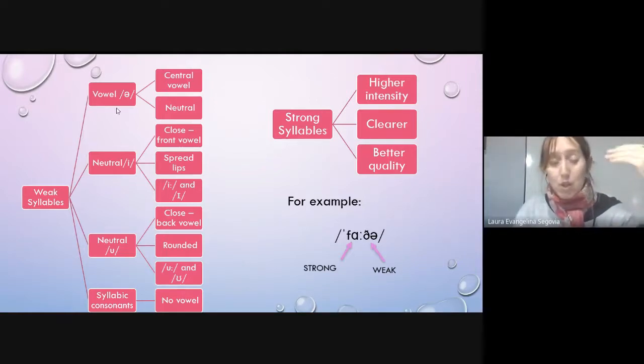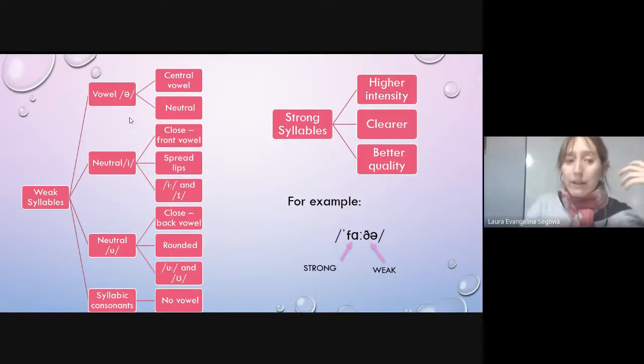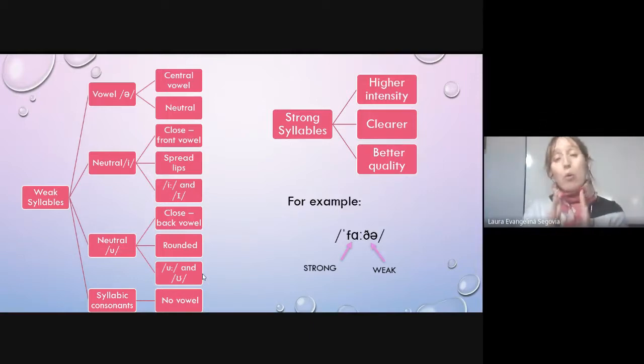Most of the times it's a schwa, but as a question of connected speech, as a question of fluency, we take the schwa out and we don't have any vowel. So we have two consonants together and no vowel in the center where there was supposed to be a schwa. So these are the 4 centers of a weak syllable, okay?